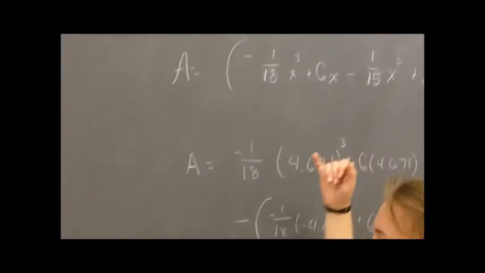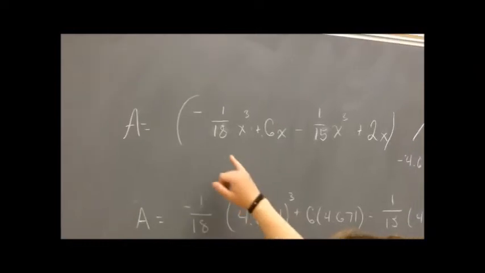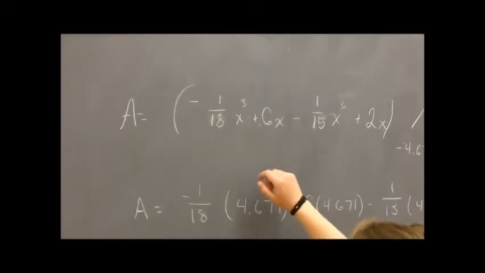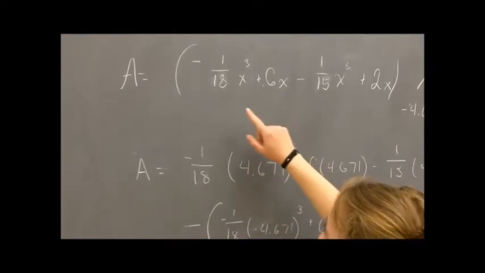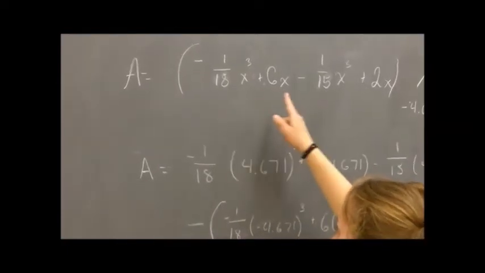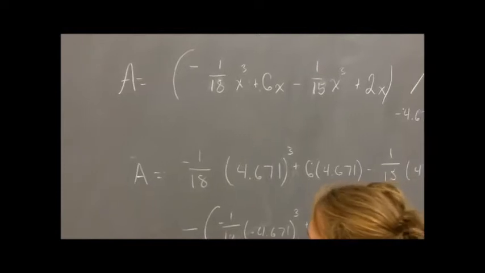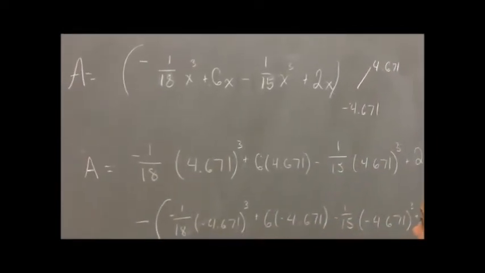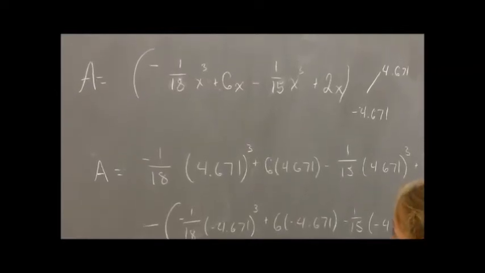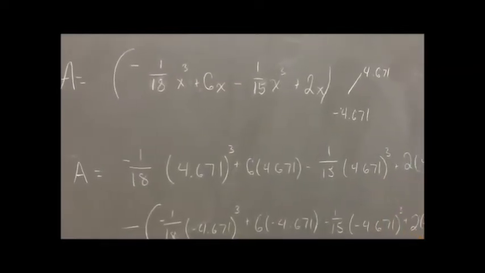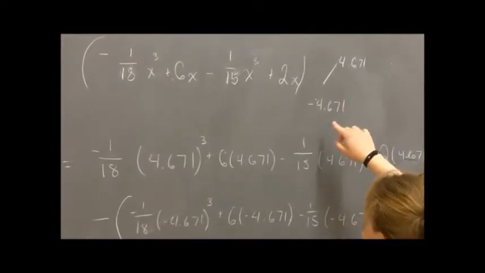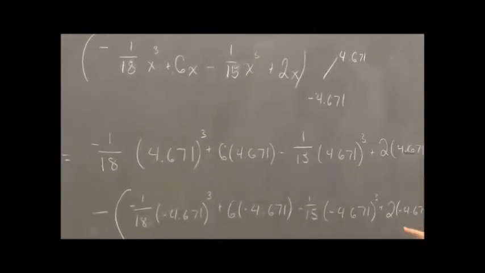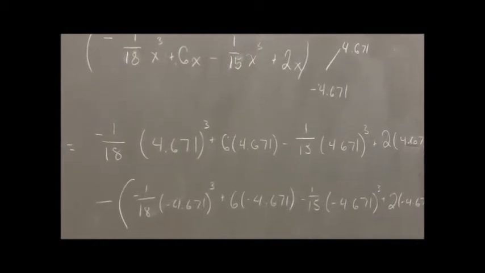So for example, negative 1/6 x squared became negative 1/18 x cubed, because if you then perform the normal chain rule to get back to where you started, you have negative 3 over 18 x squared, which simplifies down to negative 1/6 x squared. So our integrated equation becomes negative 1/18 x cubed plus 6x minus 1/15 x cubed plus 2x, from negative 4.671 to 4.671.